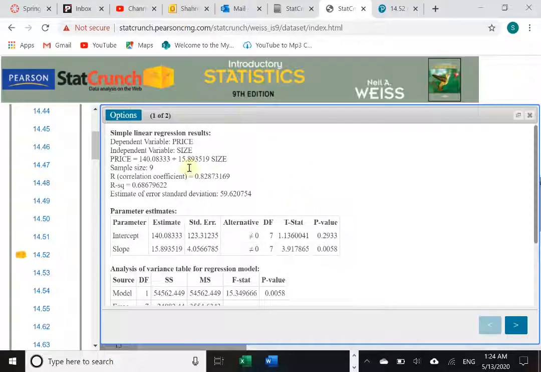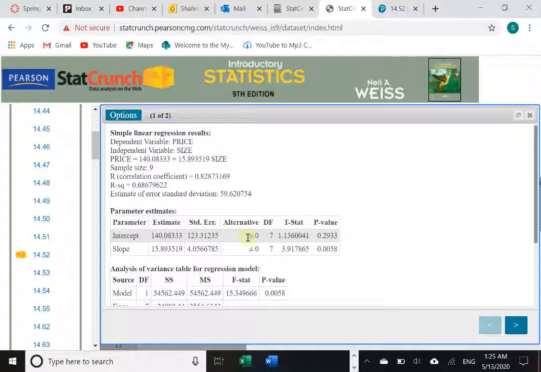And here is the part that I actually cut out. It was this portion right in here. So here's the regression equation that I got. Don't worry about this portion, although you can see intercept 140, that's this number. Slope 1589, that's that number. Chapter 15 deals with hypothesis tests.